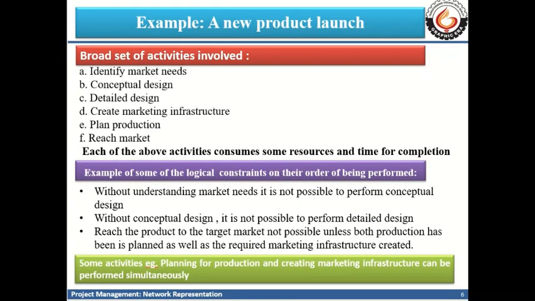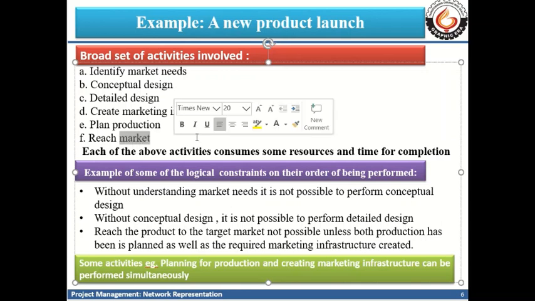Now we consider an example of a new product launch. We list out a broad set of activities involved in a new product launch, which are identification of market needs, conceptual design, detailed design, creating market infrastructure, project plan, and reaching the market.